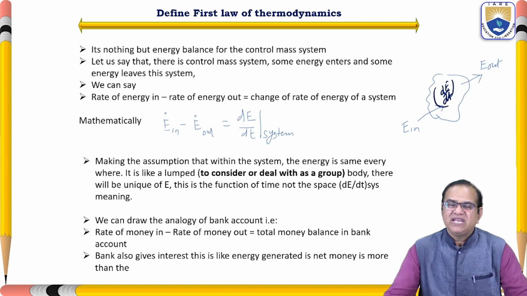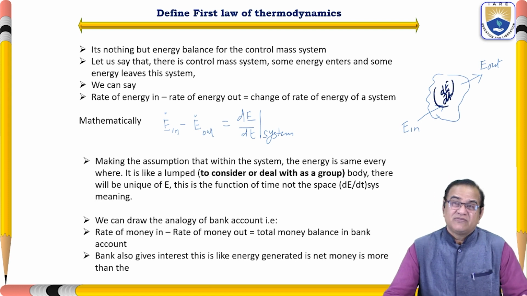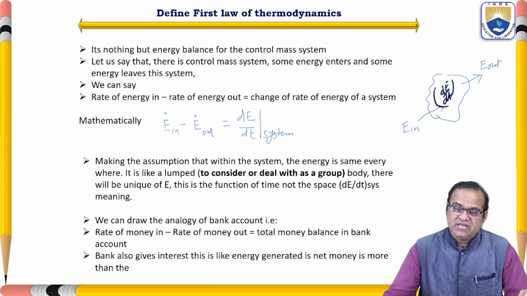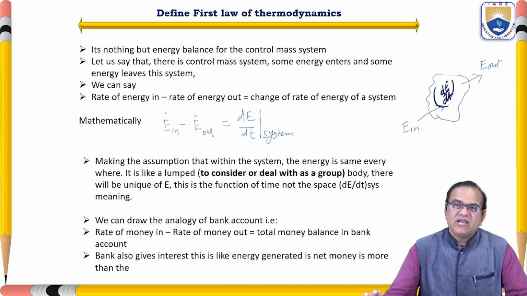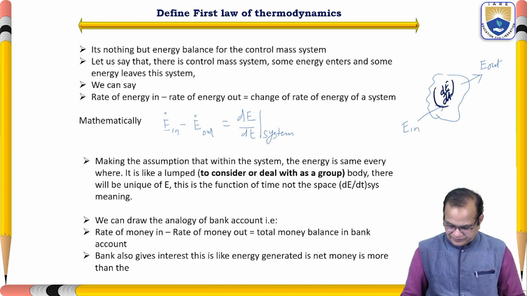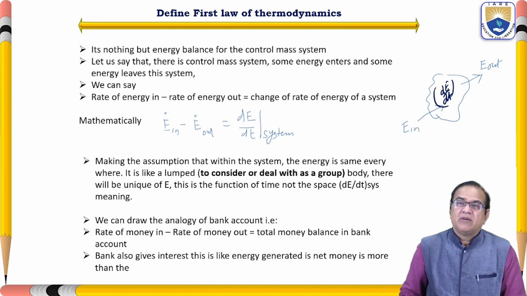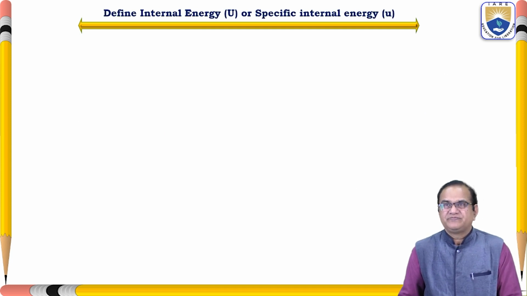So this is a very good example of the conservation of energy by the bank balance. How much amount you put in, after 6 months if you take the same amount out, there will still be some money with you. That is the energy generation which is part of your system. Entropy and some other issues are also involved.